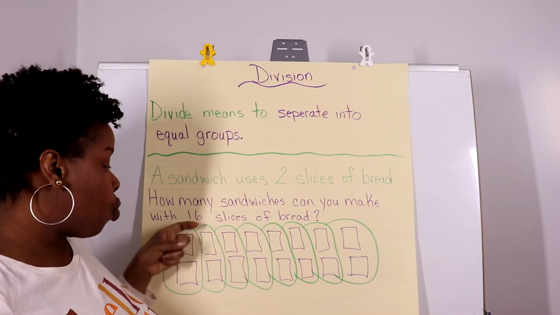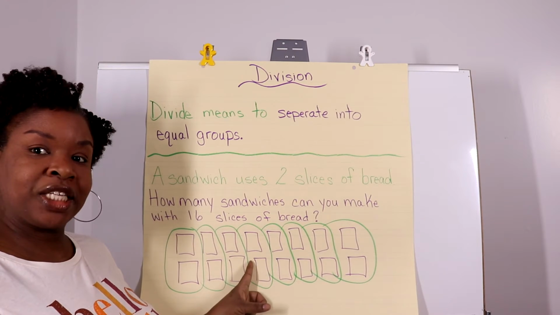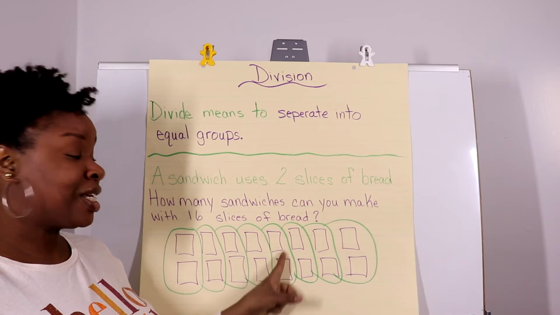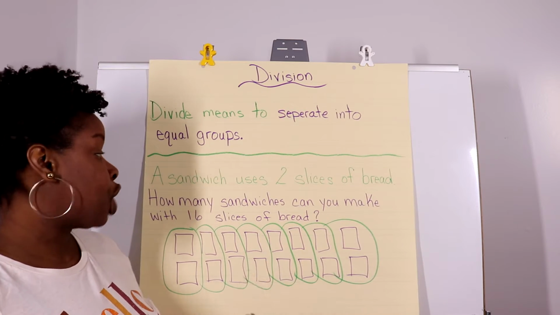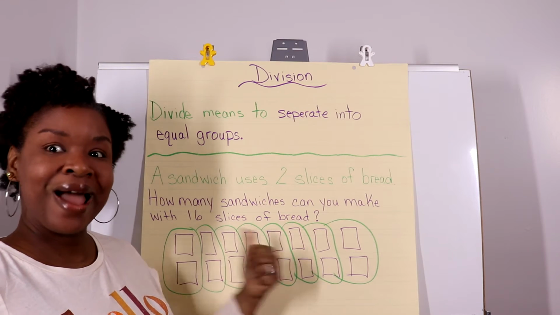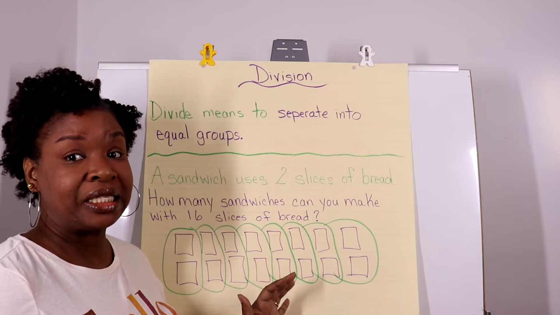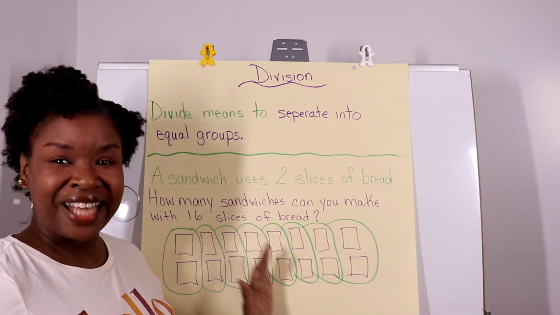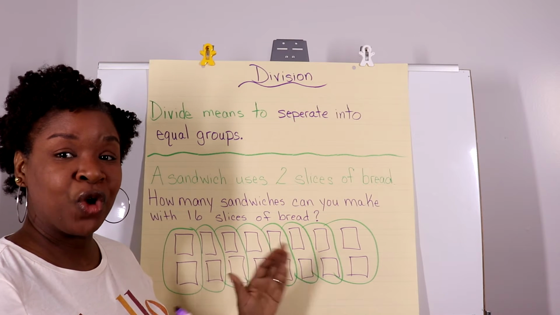So that means we have 1 sandwich, 2 sandwiches, 3 sandwiches, 4 sandwiches, 5 sandwiches, 6 sandwiches, 7 sandwiches, and 8 sandwiches. So how many sandwiches can you make with 16 slices of bread? How many can we make? We can make 8 sandwiches.